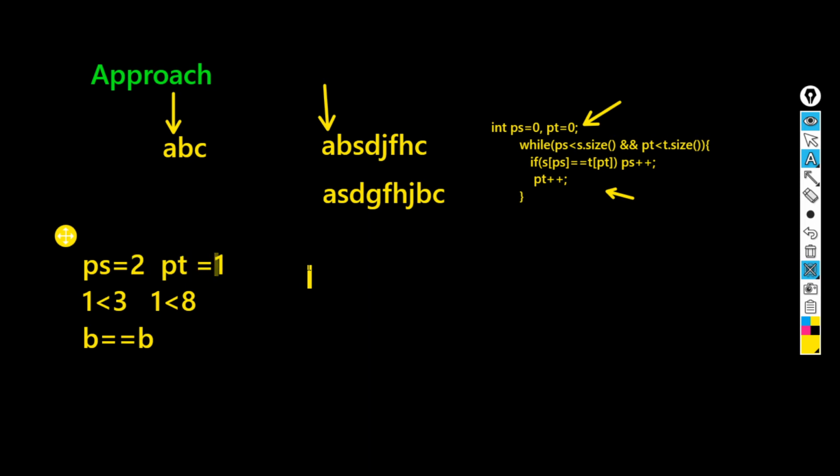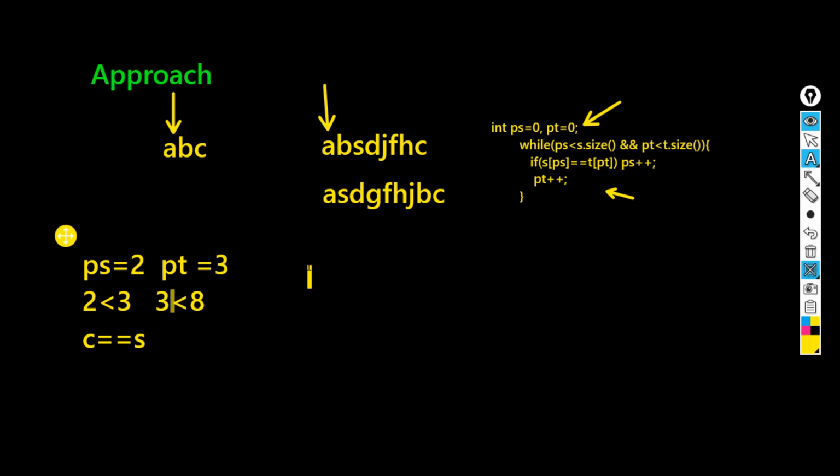Here it will be 2 and here it will also be 2. 2 is less than 3 and 2 is less than 8, so it will go again. Now we have C here and S here. S is not equal to C, so we will not increment PS. Only PT is incremented, so it will be 3.